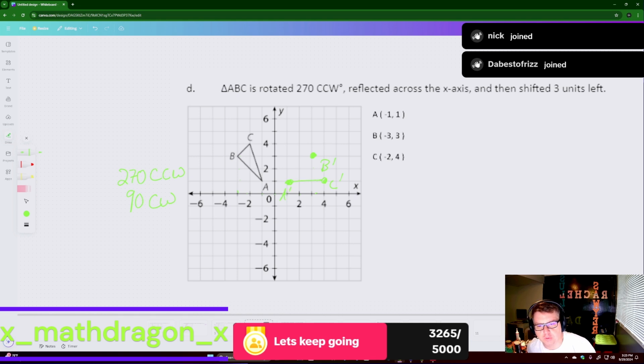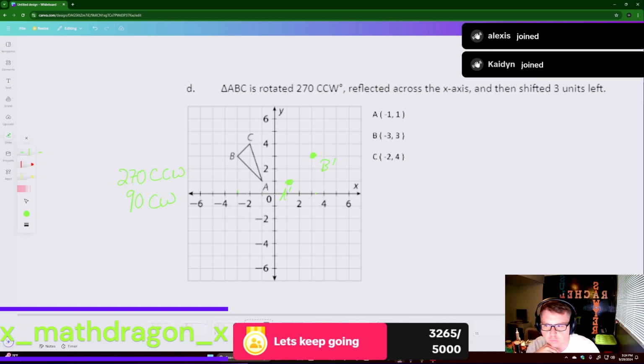The best way to do this is to literally rotate your paper so that you can see it. I'm missing, oh, it needs to go up to 2, not 1. That's what I screwed up on. Okay. Let's go here.